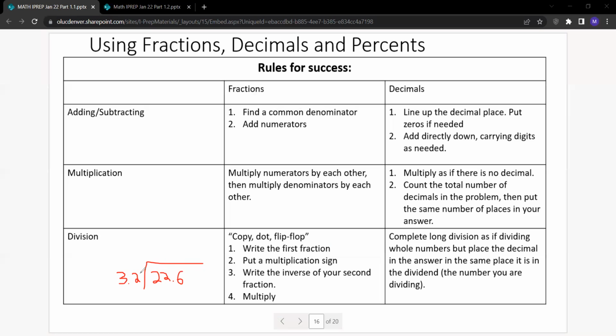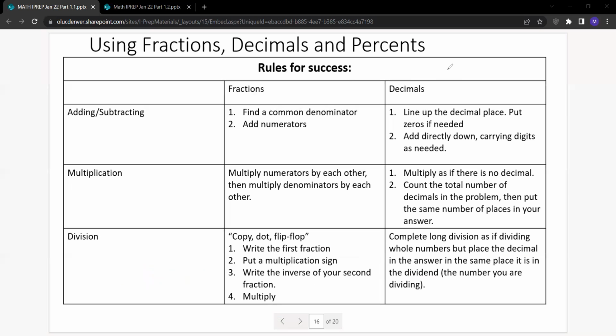So you're just going to complete this as if it was 32 divided by 226. But in the end, you're going to place the decimal in the answer in the same place as in the dividend. So it's going to be right here. So keep it in the same spot.